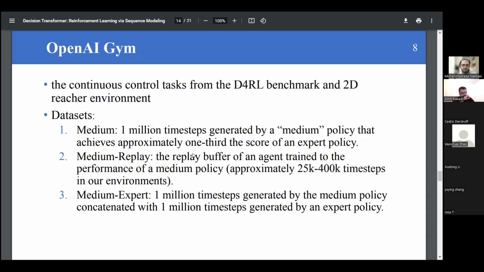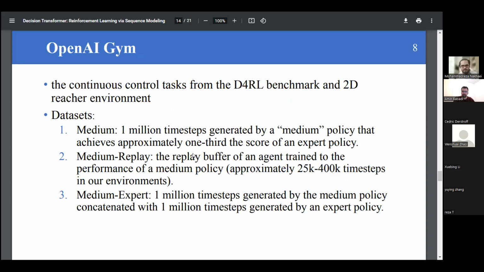For the OpenAI Gym environment, they use the D4RL benchmark and they created a 2D richer environment. They used 3 different datasets. The first one is called medium, which consists of 1,000,000 time steps generated by a medium policy, which means that it could score roughly around 1/3 of the highest value.